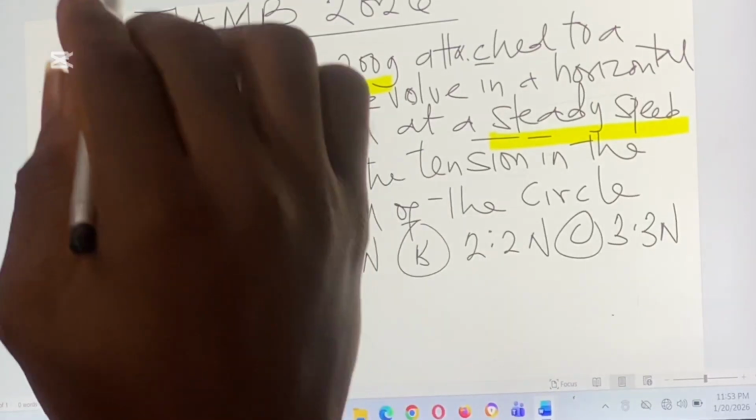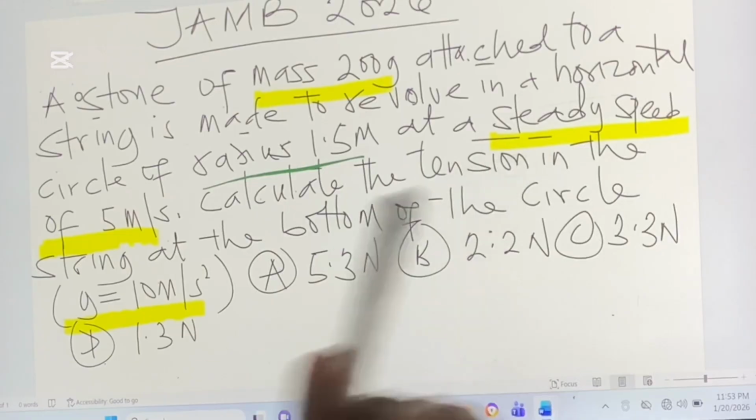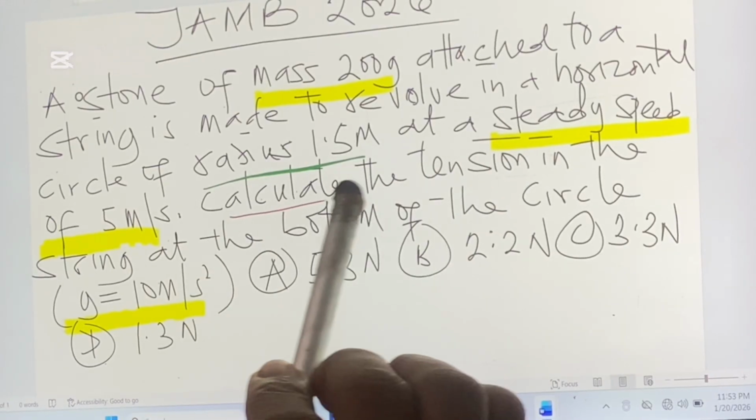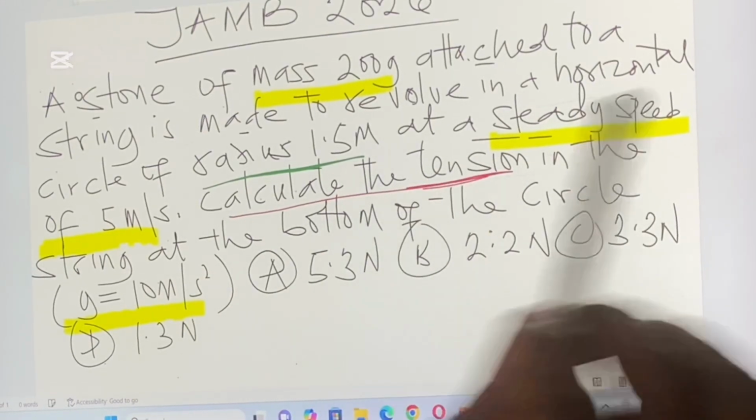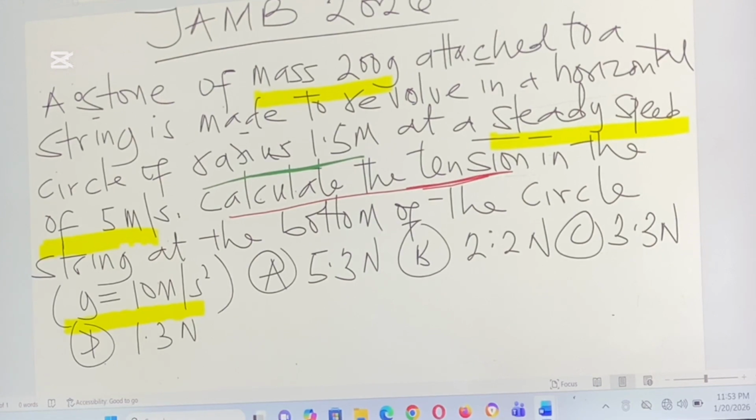But before we solve this question here, there is a particular thing we have to know. This word tension here is the same thing as force. But whenever force is felt or whenever force is experienced on a syringe or on a rope, we call that particular force tension. Please take note.